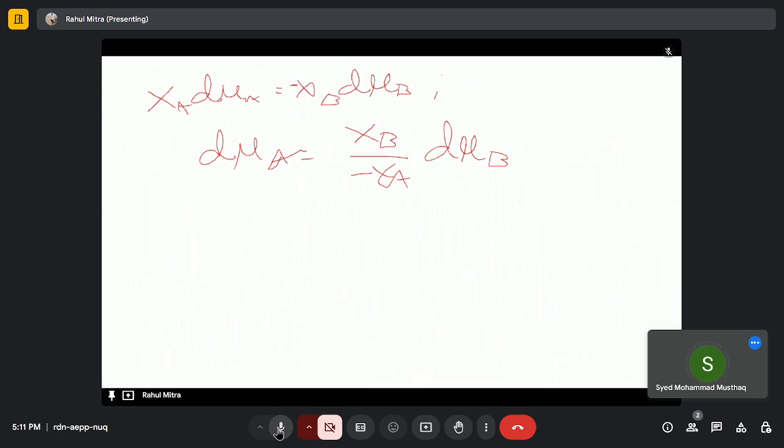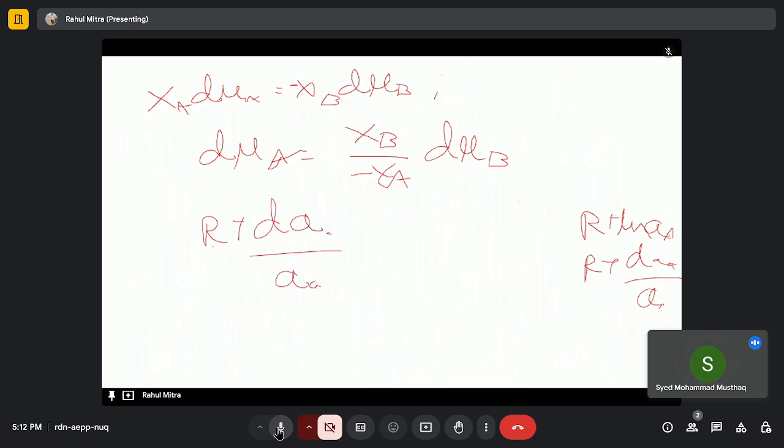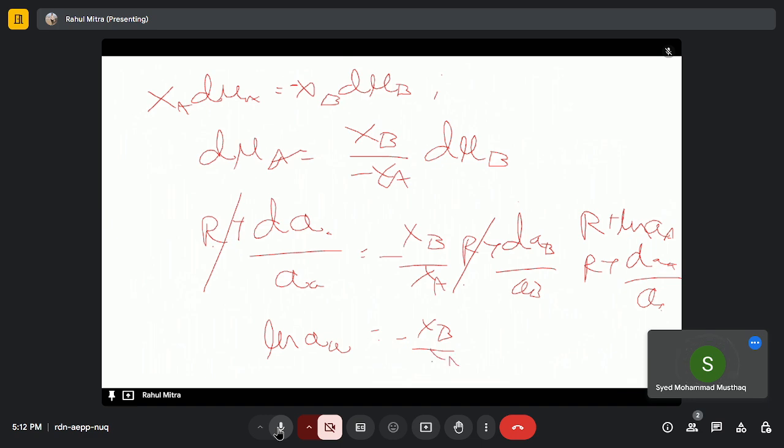That is RT log a, the activity of A, then differentiating will turn out to be da a by the activity of A. This will be equal to RT activity of A, x a, RT, the activity of B, cancel. A will be equal to x b by x a.